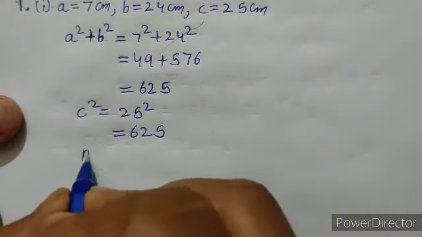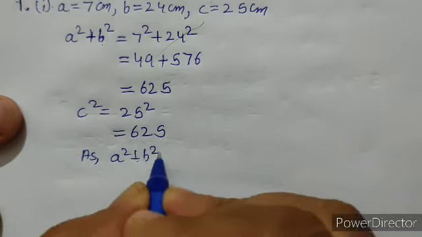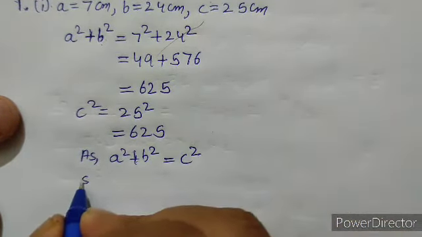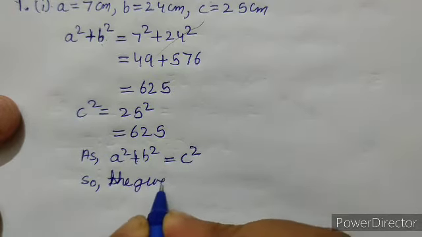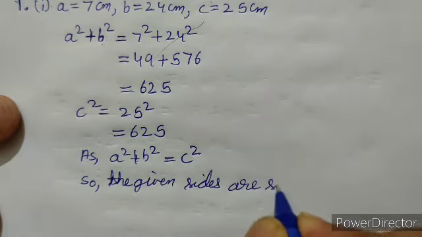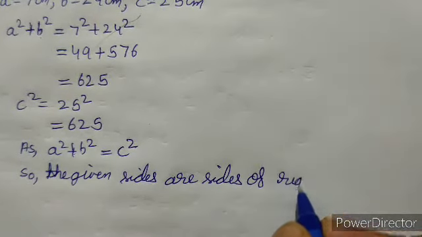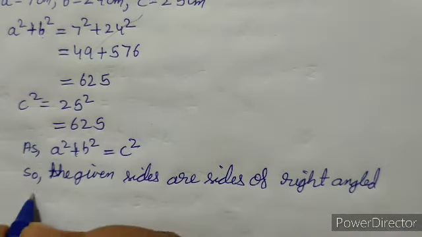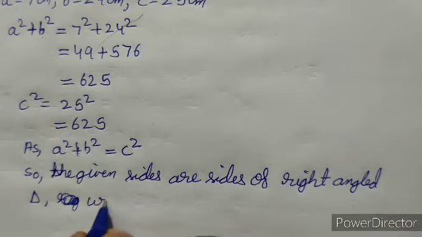Now as A square plus B square is equal to C square, so the given sides are sides of a right angled triangle.